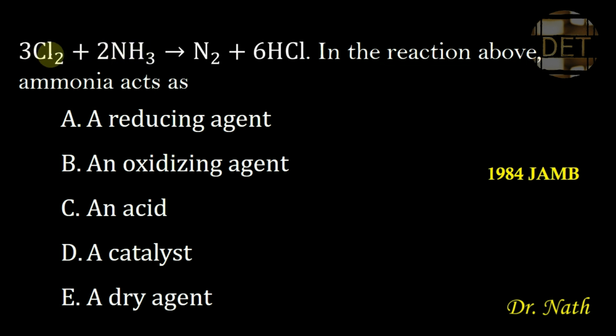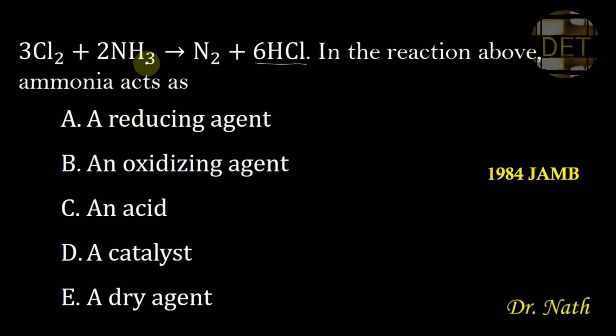When this chlorine reacts with this ammonia, nitrogen is formed, then hydrogen chloride. If you look at this reaction clearly, you can see that ammonia has added hydrogen to this chlorine to form hydrogen chloride, because what has changed here is that hydrogen has left the nitrogen, it has left ammonia to come and meet chlorine to form hydrogen chloride.